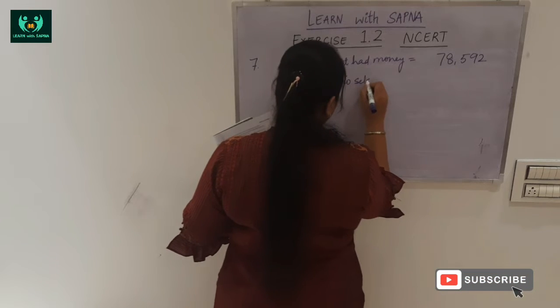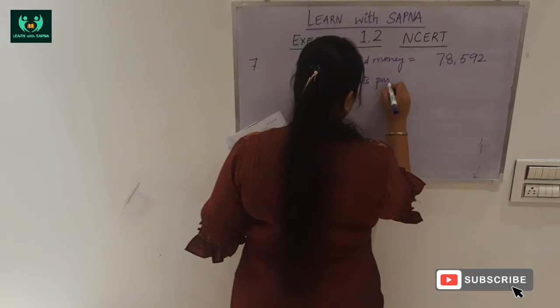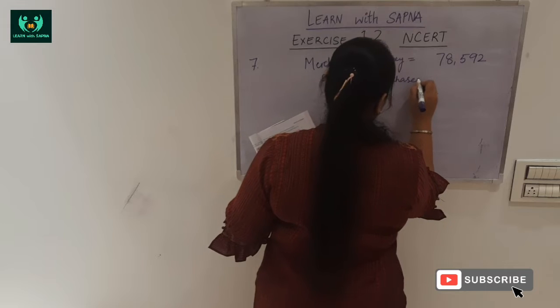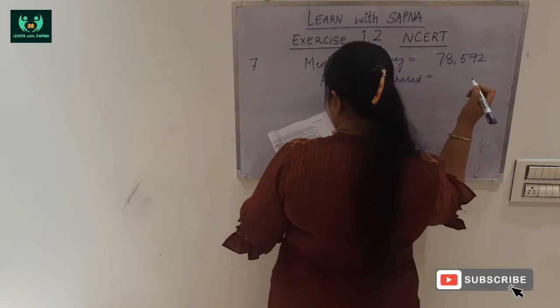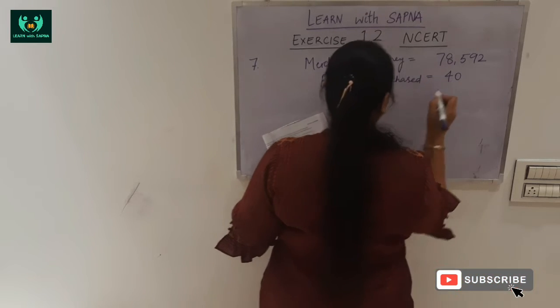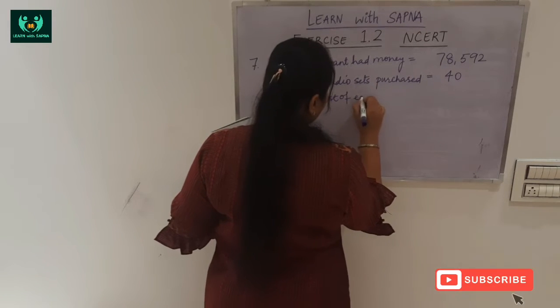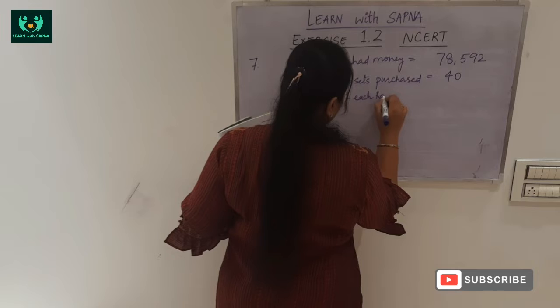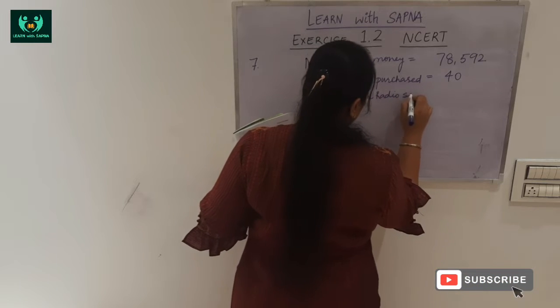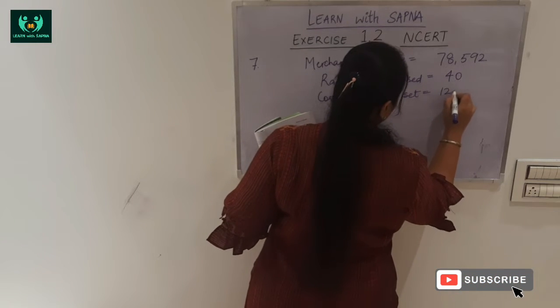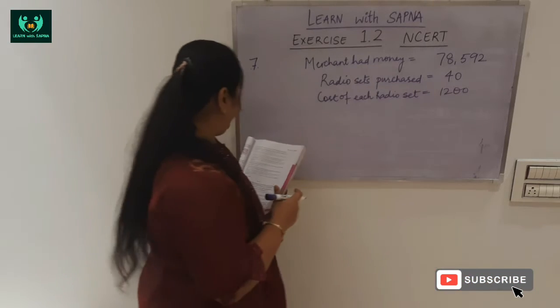Radio sets purchased are 40, and cost of each radio set, that is given to us as 1200, right?